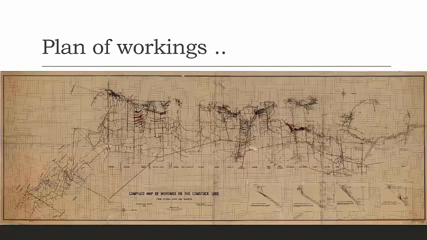You get some idea, if you study this, of the depth of the workings below surface, and you get an idea of the complexity of the ore zone that they were actually mining. And you can see fairly clearly the zones where the great bonanzas took place.